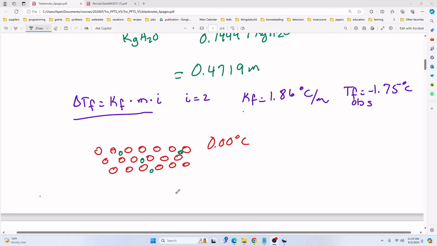Now, the freezing point lowering is dependent on the actual amount of species that result from the solution forming with that substance. So if you have a non-ionic solute, then you just have a 1-to-1 ratio of moles of the solute that you put in versus the moles of particles that you have.